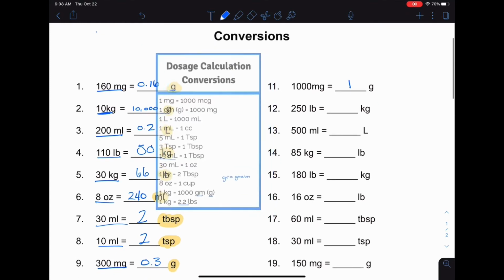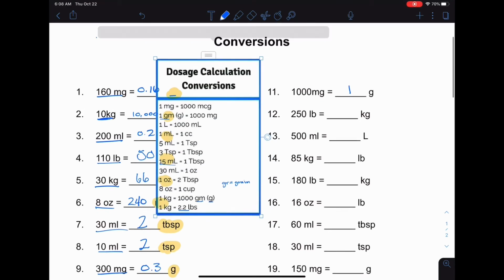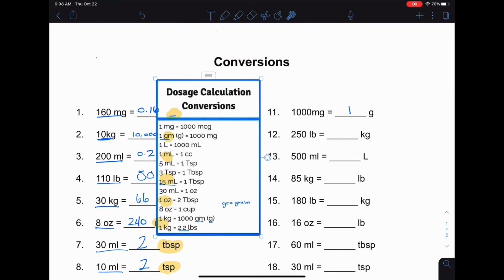Okay, number 12. 250 pounds is equal to how many kilograms? Okay, remember that conversion of 1 kilogram equals 2.2 pounds. So we're trying to get kilograms, so that'll be our starting point. Kilograms up top.